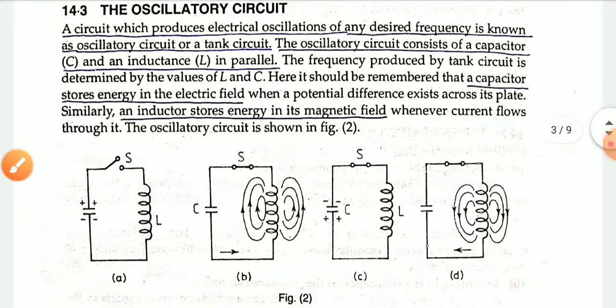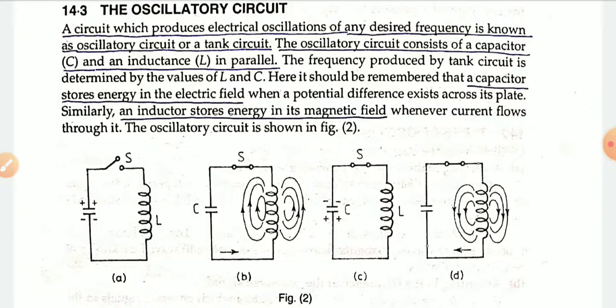So I think everyone is able to understand how an LC circuit can be used for generating an oscillating frequency. Next day we will discuss how this LC circuit can be implemented to generate the frequency.